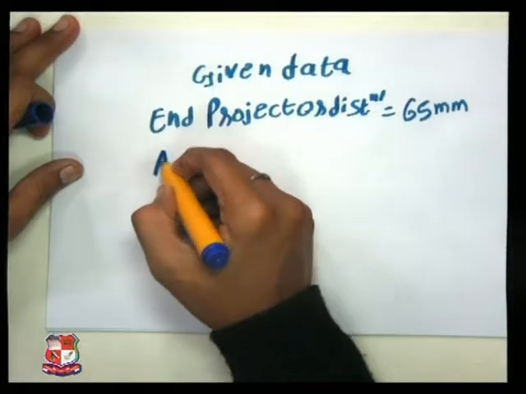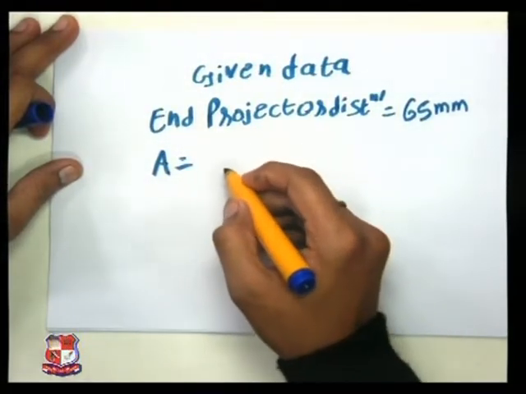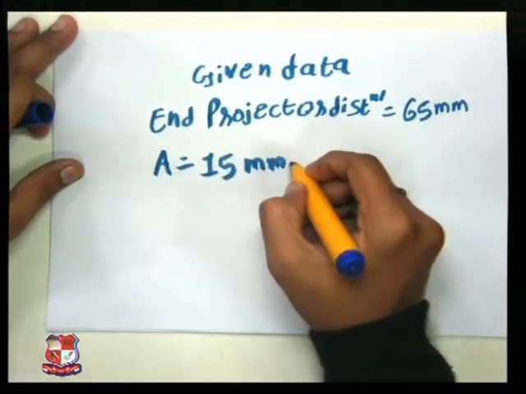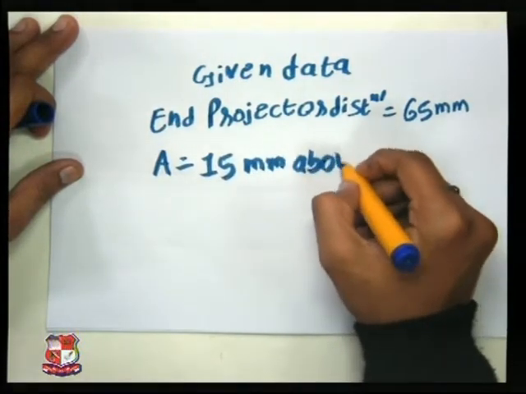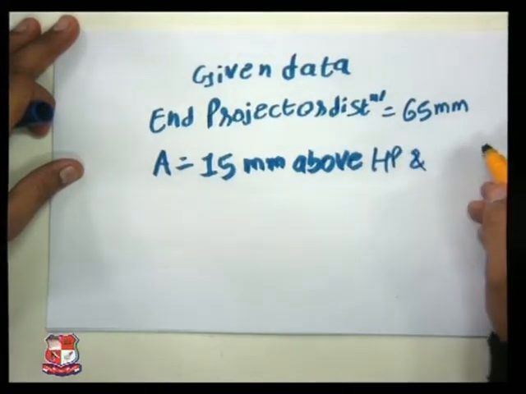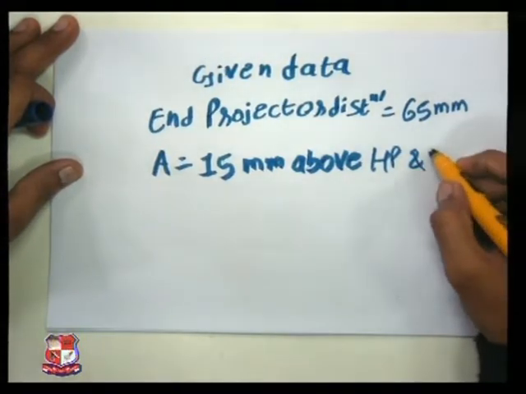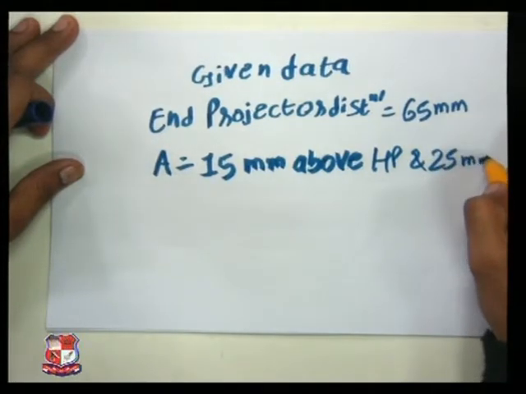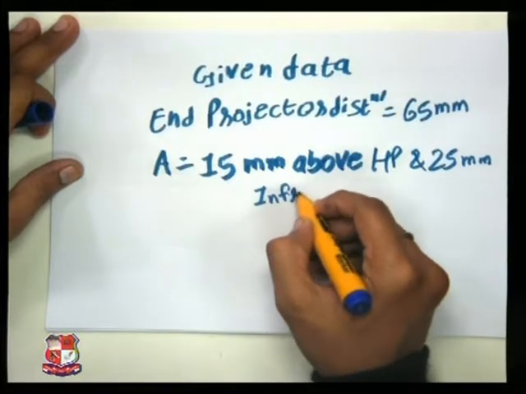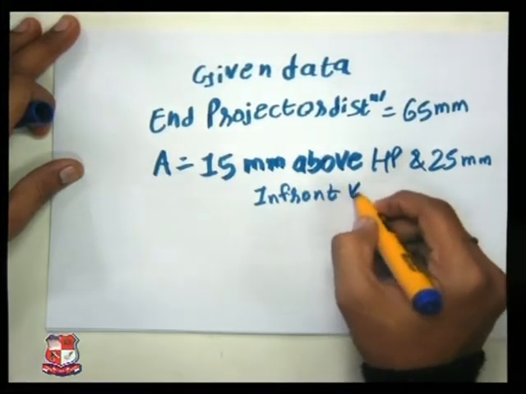Location of A is given: 15 mm above HP and 25 mm in front of VP.